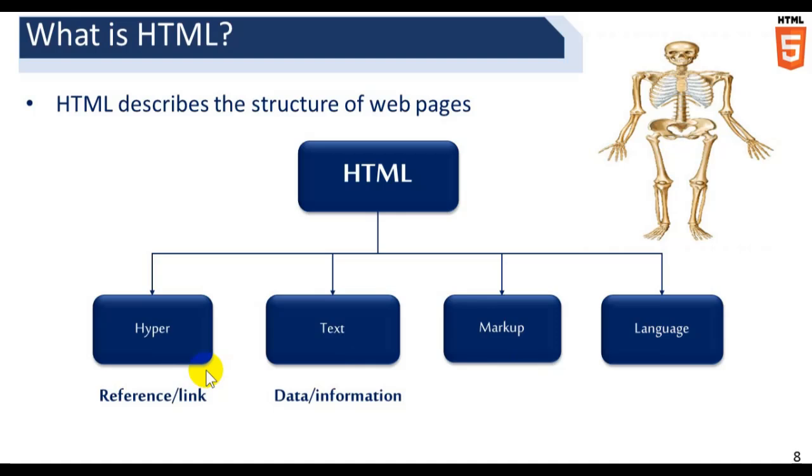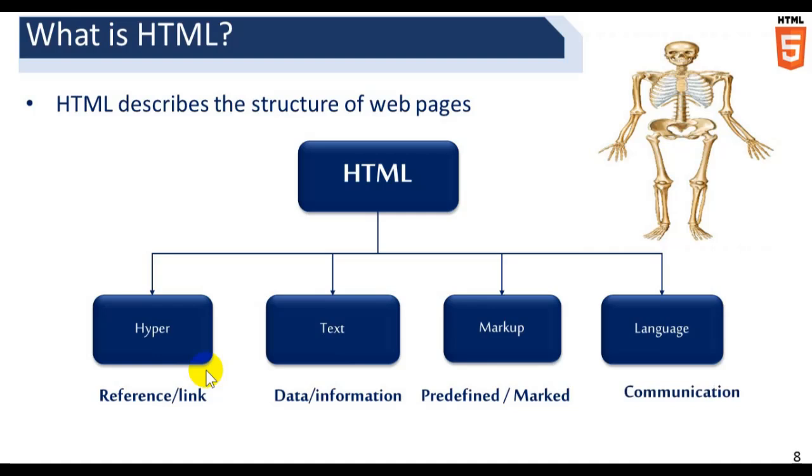We add this data in the form of text. Similarly, markup means what? Predefined or marked. Predefined means already built, we can call it built-in, right? So we already have some built-in tags, and with the help of that we can write the HTML code. Language means what? Communication.